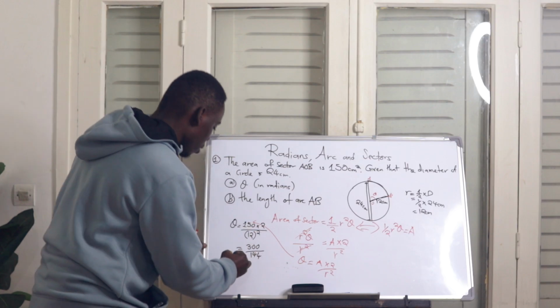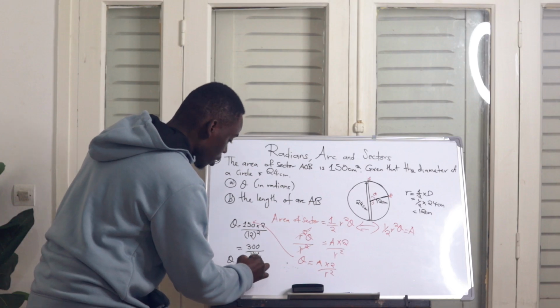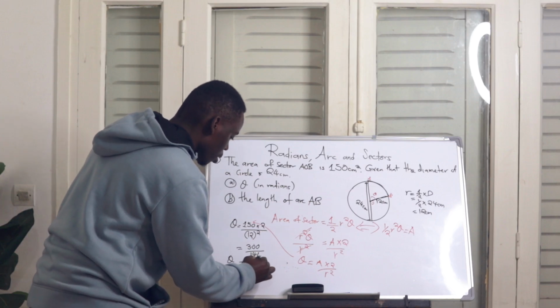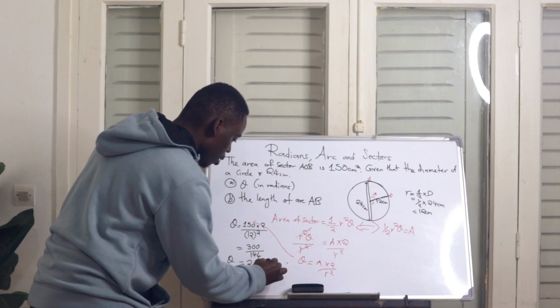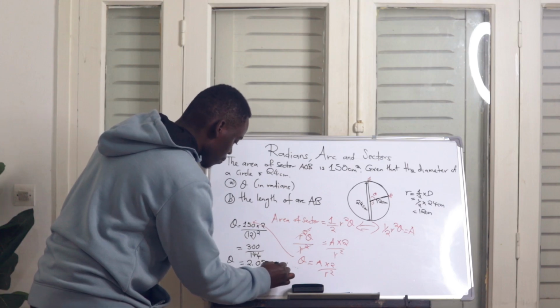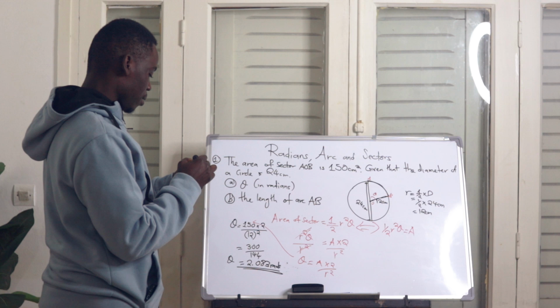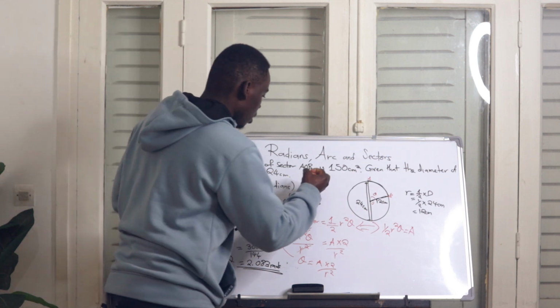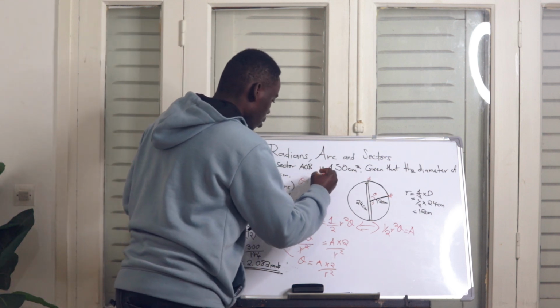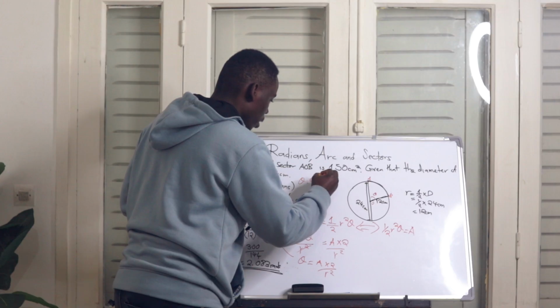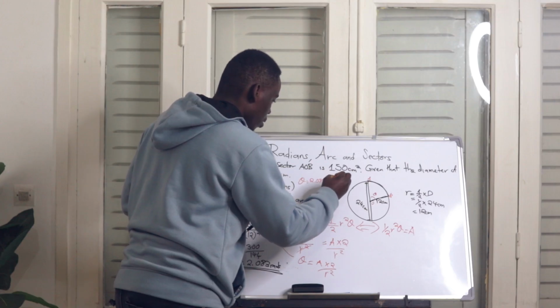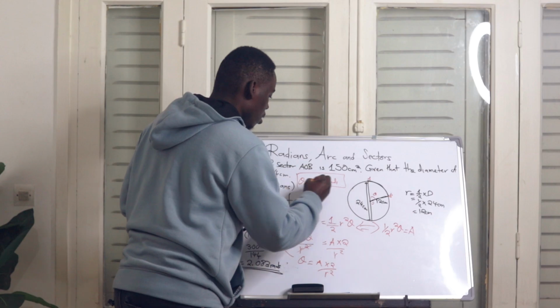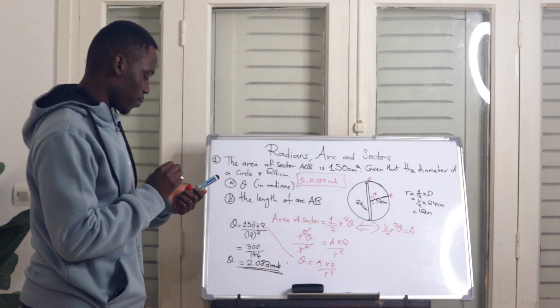Hence our theta, which is our angle in radians, is 2.083 radians. This is our answer. Hence our theta in radians is equal to 2.083 radians. This is our final answer.